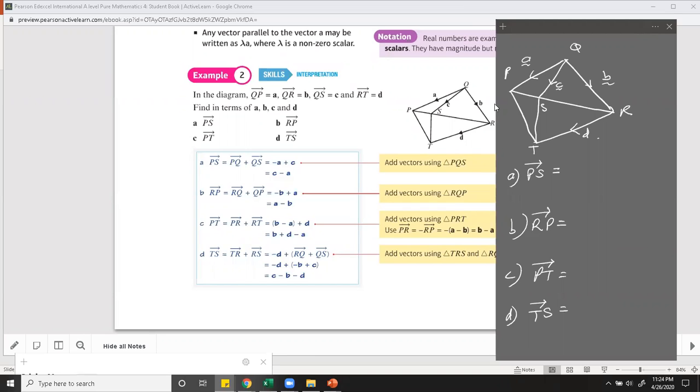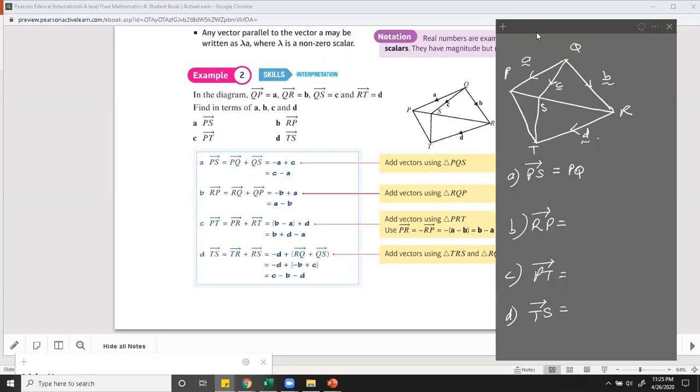You can see that the lowercase letters are the vectors, and they're also denoted by a squiggly line underneath, because they're written in bold in the textbook, but when you write them down, you write squiggly lines, though they tend to get a little less squiggly as you go on. What you've got to do is use the information on the diagram to get from each of these points, say from P to S. Now, it always helps to write down the paths that you're taking.